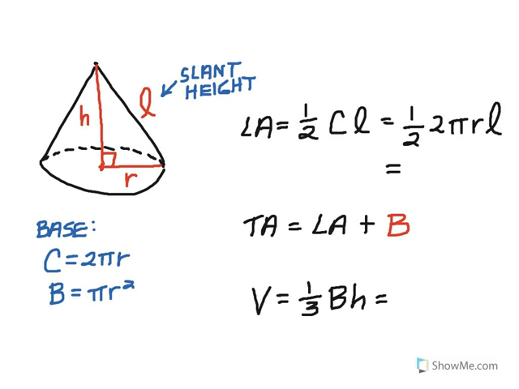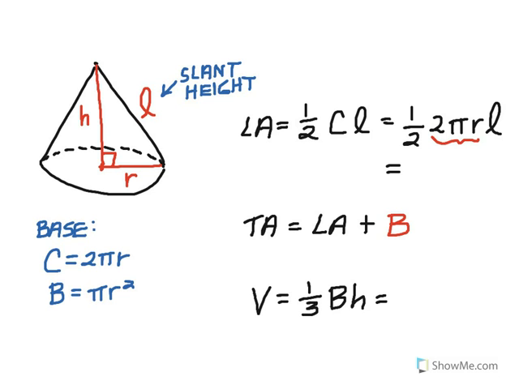But the base of a cone is a circle, just like a cylinder, so its circumference is 2 pi r, and its base area is pi r squared. So, much like a pyramid, the lateral area of a cone is 1/2 the distance around the bottom of the cone times the slant height. 1/2 circumference times slant height. And circumference, of course, is 2 pi r.